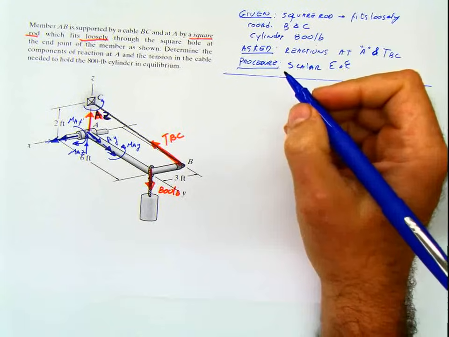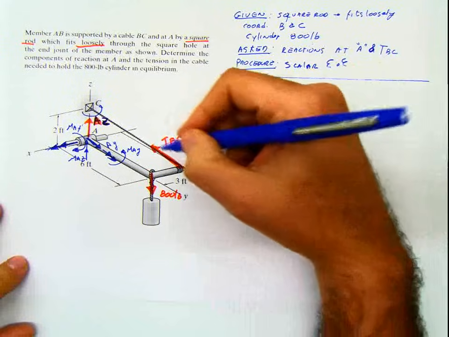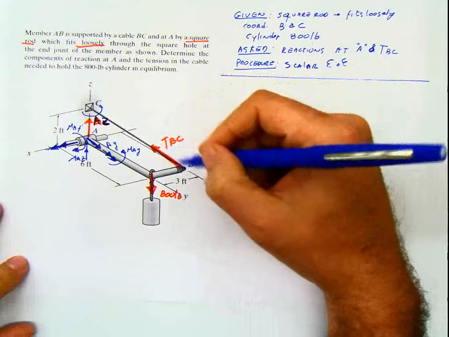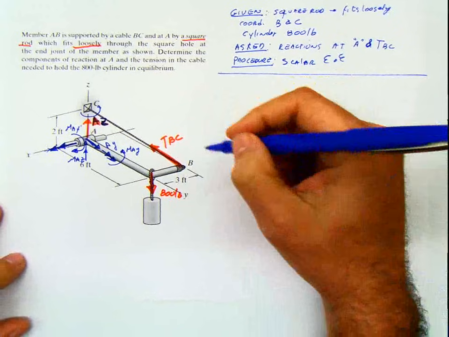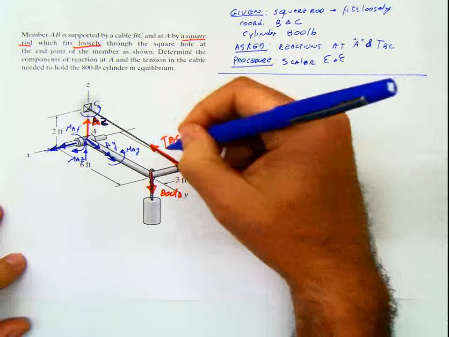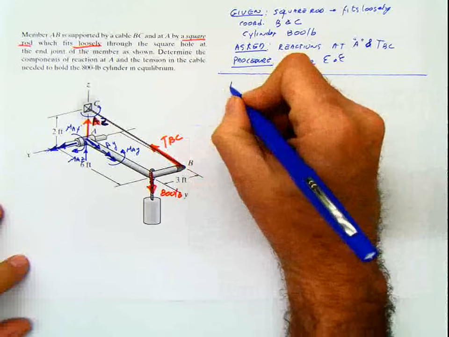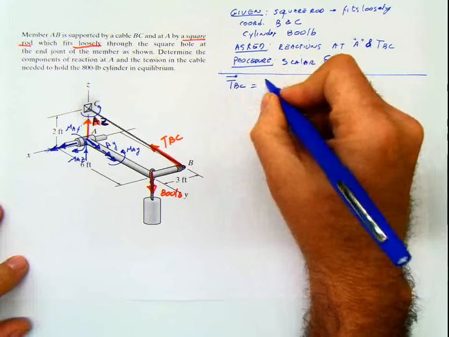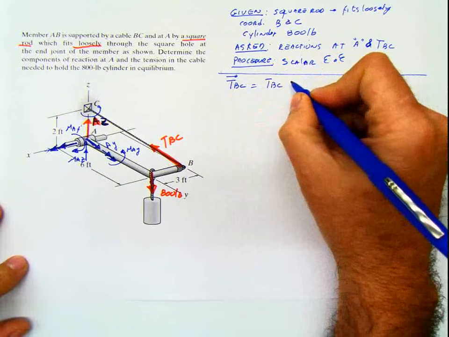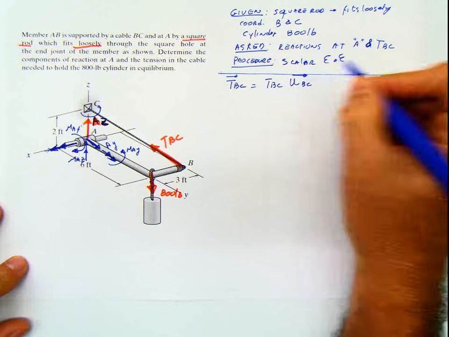The first thing that I'm gonna do here is calculate the components of this tension, because even if I'm gonna work with scalars, I need the components in the different axes of this TBC. And how are we going to do that? Well, remember, we can say that TBC as a vector is going to be the magnitude of TBC multiplied by the unit vector in the direction of BC. This is nothing new.